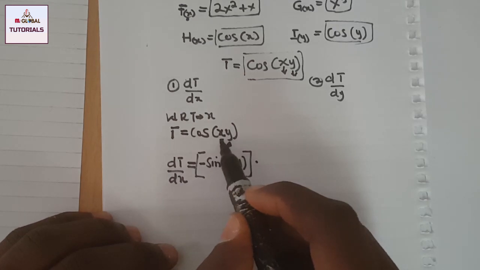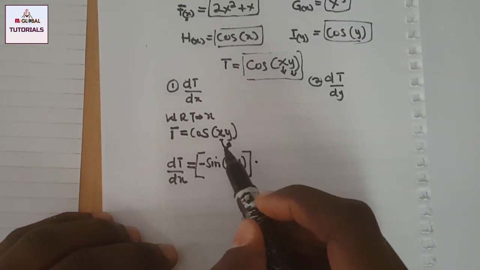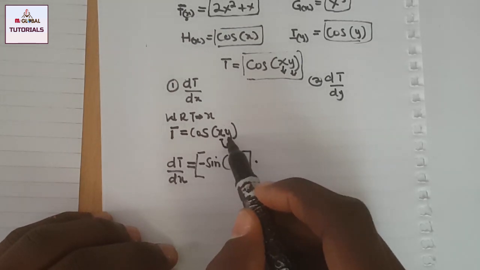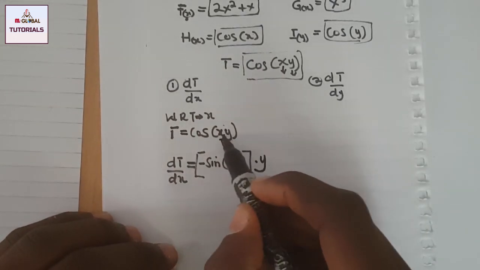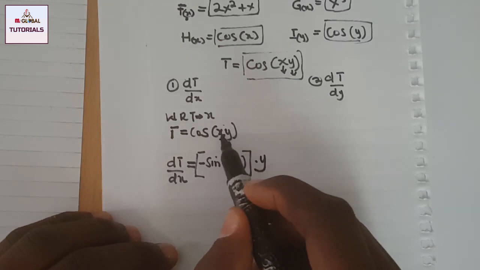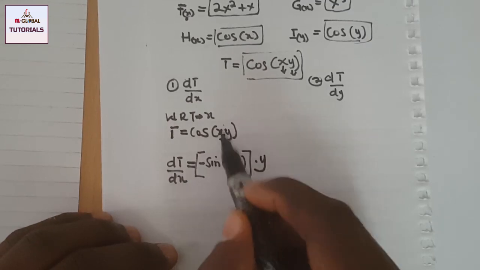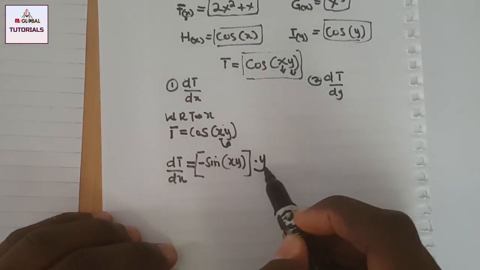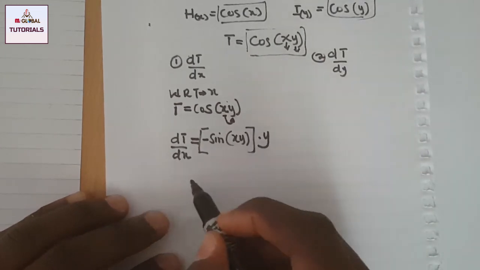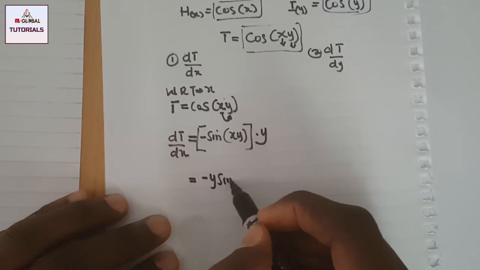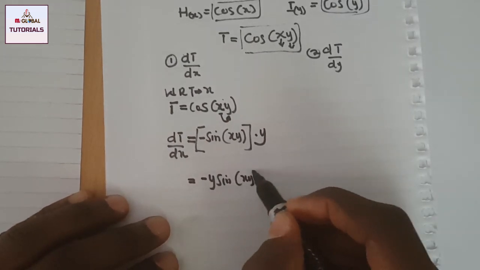When differentiating xy, because x has a power of 1, it gives us 1, because the rule says multiply the coefficient by the power. The power here is 1, and 1 times y is y. Then you subtract 1 from the power of x, so 1 minus 1 is 0, and any number to the power 0 is 1, so we get y. That's it. So we multiply through to get minus y sine xy. This is our value.